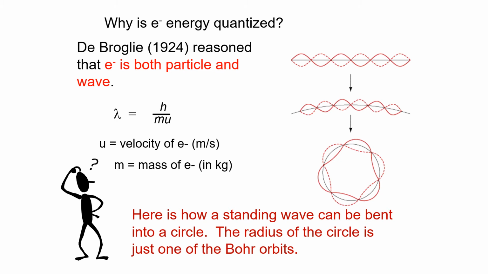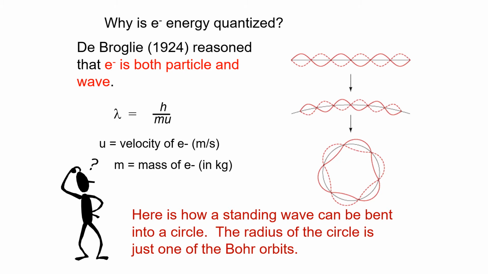He proposed that if light has both of these types of properties, which we knew it did, then perhaps the electron as a particle also has wave properties. So the wavelength of a moving particle can be calculated using an equation he derived from Einstein and Planck's equation. de Broglie's equation relates wavelength to the particle's momentum.